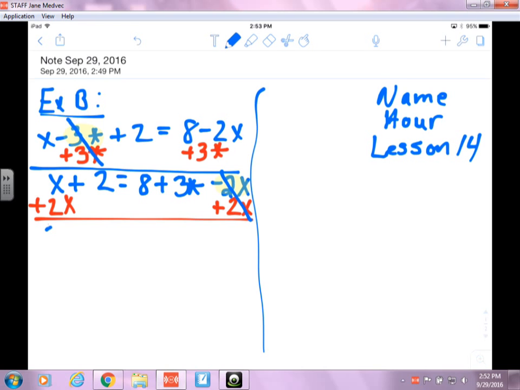So now I end up with 3x plus 2 equals 8 plus 3 star. Now, this is the same as what we've been doing.